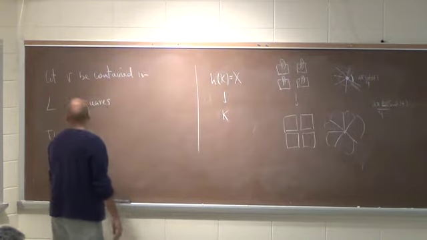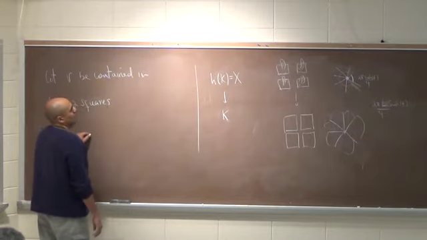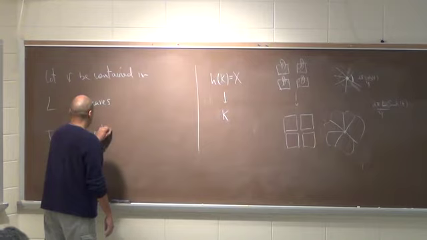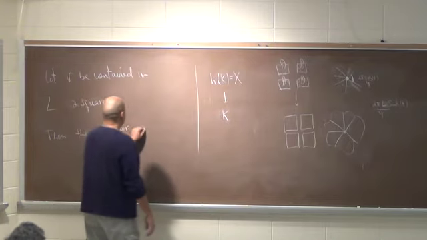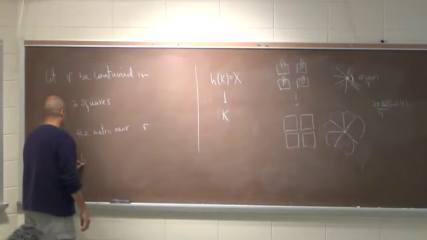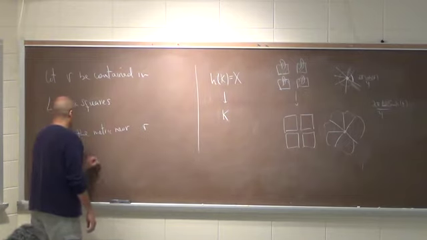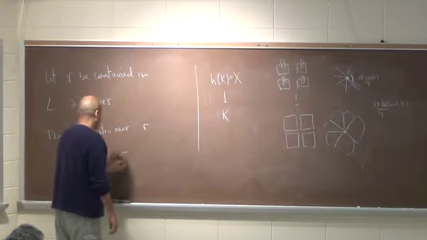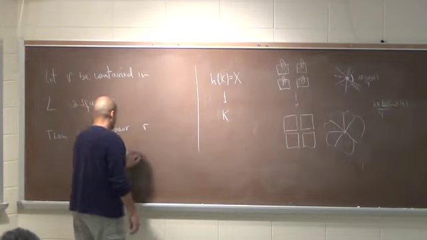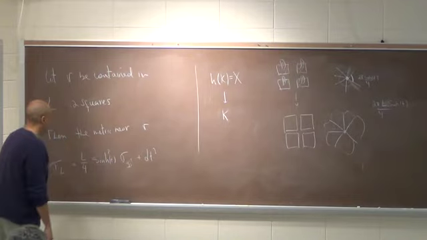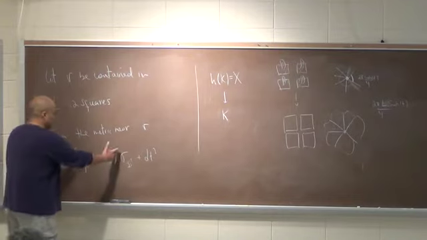So then the metric near V in the hyperbolization is L over 4 times sinh squared t, the round metric on S1, plus dt squared. Let's call this sigma L. Because this gives you the length.